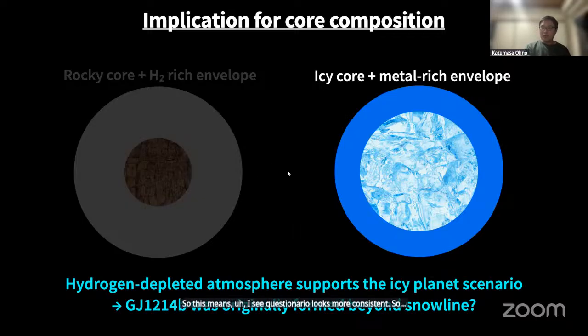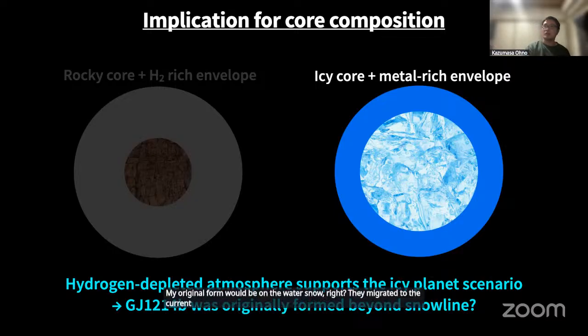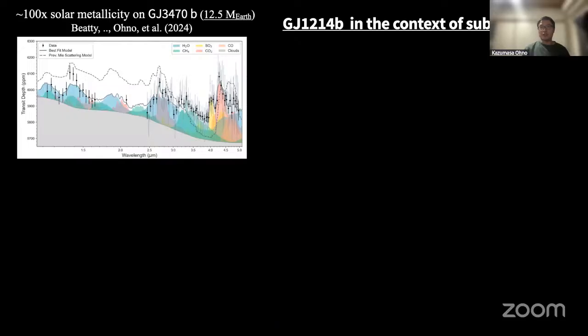The current orbit of GJ1214b is much inside the water snow line. So if this interpretation is correct, GJ1214b may have originally formed beyond the water snow line, then migrated to the current orbit. And so this is the final slide.